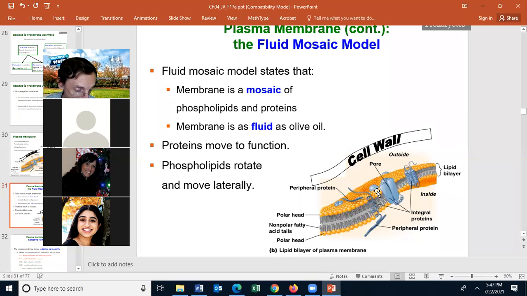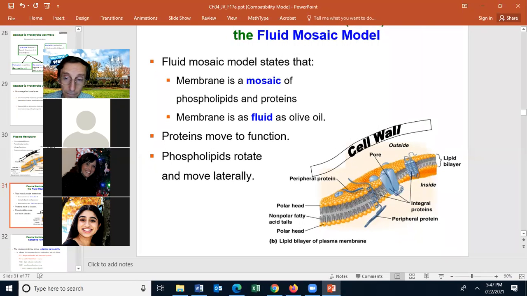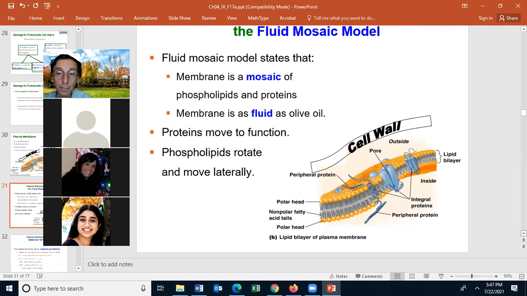Those of you who have had anatomy and physiology know that when a ligand binds to a receptor protein, those proteins tend to move together before they're brought into the cell. Okay? So the proteins can move around in the membrane. There are only a few exceptions.